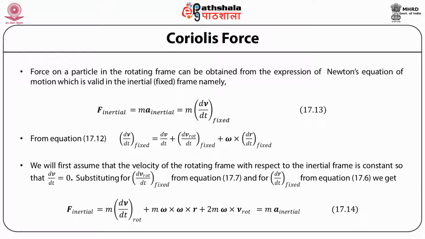Now we can substitute for the second term from equation 17.7, and in the third term dr by dt fixed is substituted from equation 17.6 to obtain the force in the inertial frame equal to mass times dv by dt in the rotating frame plus m times omega cross r plus 2m omega cross v rotation. And since this is the force in the inertial frame, it can be written from Newton's law as mass into the acceleration in the inertial frame.